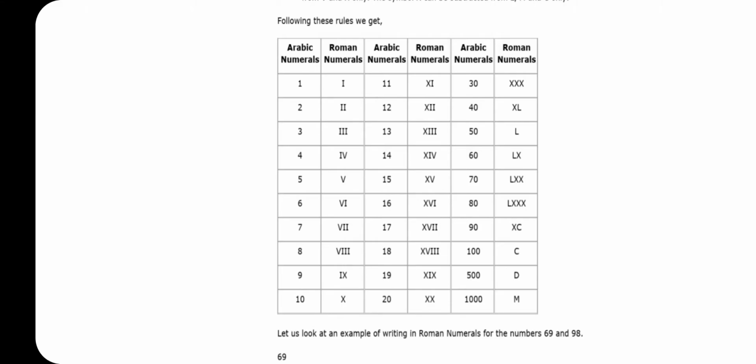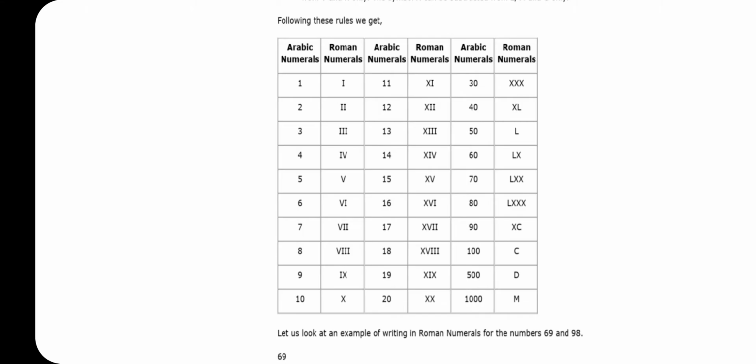Keeping in mind the 5 rules, we get 1 is equal to I, 2 is equal to II, 3 is equal to III, 4 is equal to I before V, and so on. Let us look at an example of writing in Roman numerals for the numbers 69 and 98 for your better understanding.